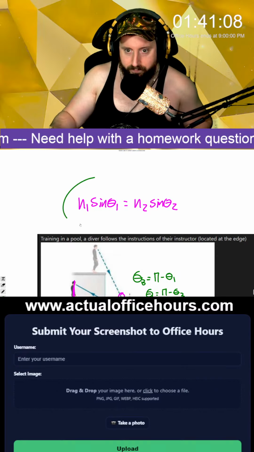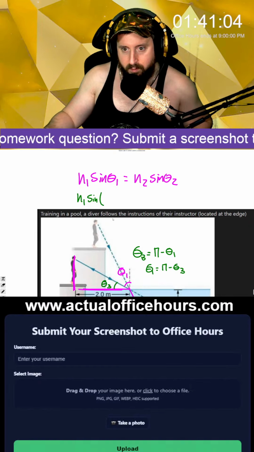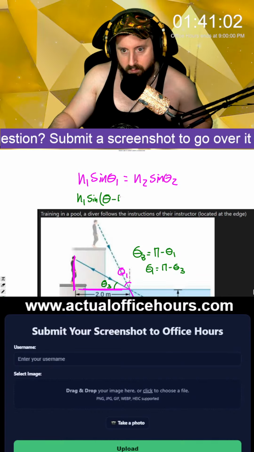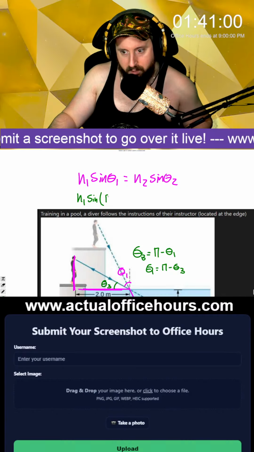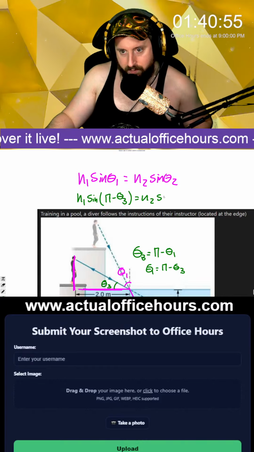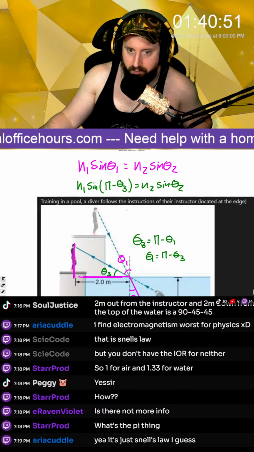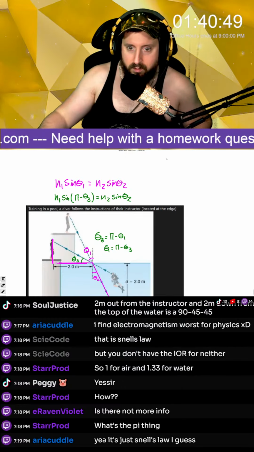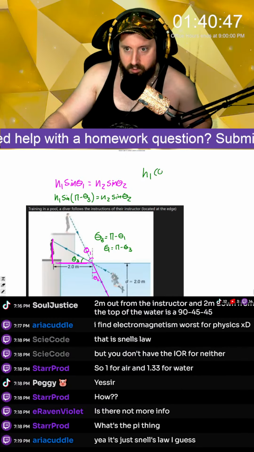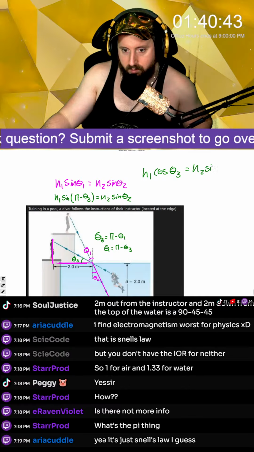Then n1 sine of pi minus theta 3 is equal to n2 sine theta 2. This is the same thing as the cosine of theta 3. So n1 cosine of theta 3 is equal to n2 sine theta 2.